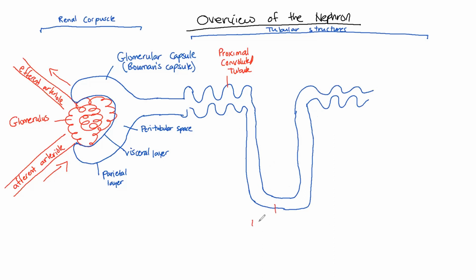Right? So this is the loop of Henle, or the nephron loop. Okay. We then look at the distal convoluted tubule. So just like we had a proximal convoluted tubule, we then have a distal convoluted tubule.